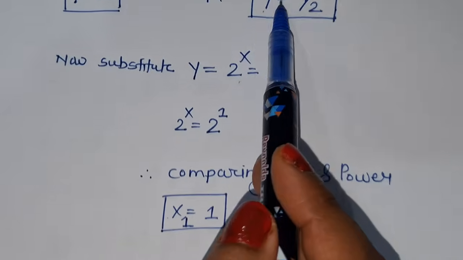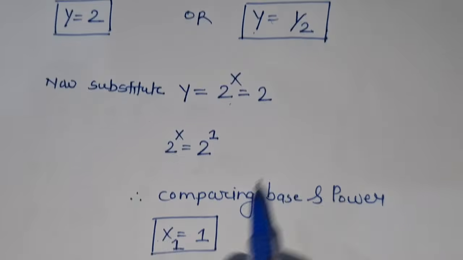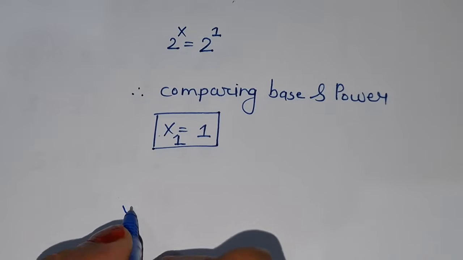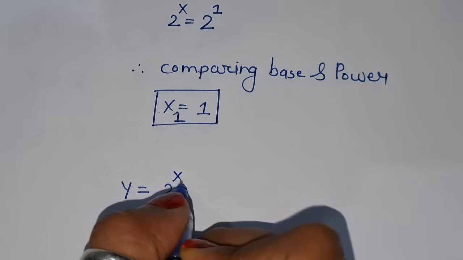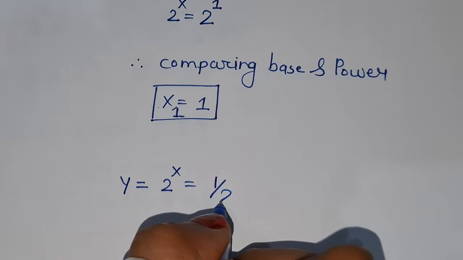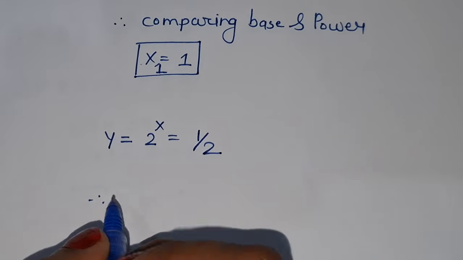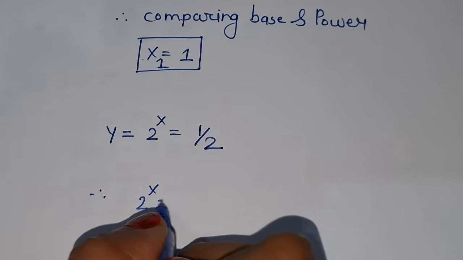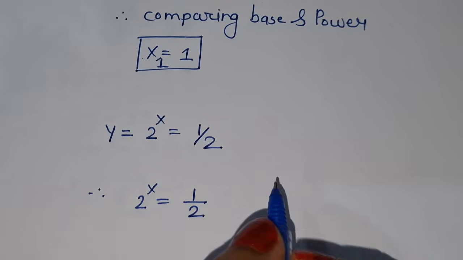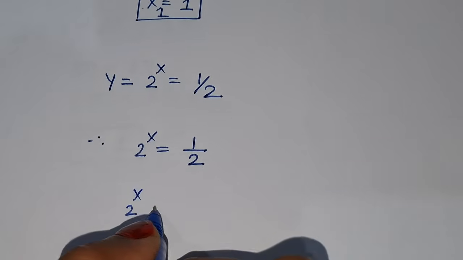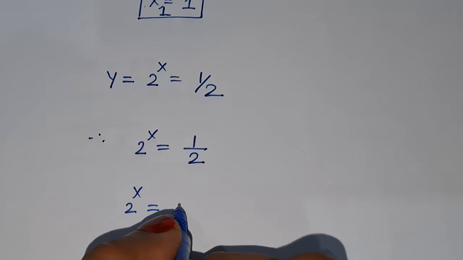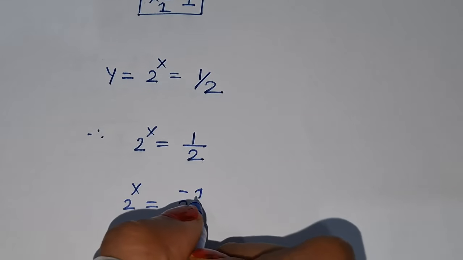Now y is equal to 1 by 2. This is another equation. So y is equal to 2 power x is equal to 1 by 2. Therefore 2 power x is equal to 1 by 2, which we can write as 2 power minus 1.